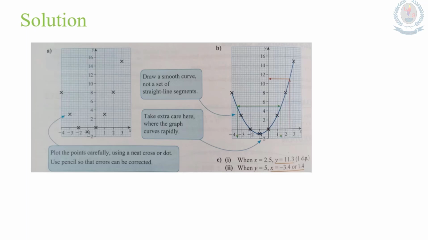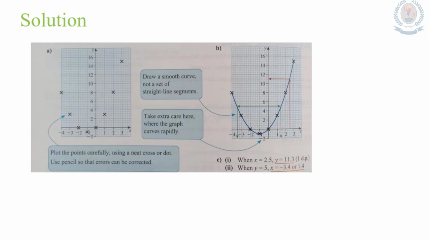Then you can see the x and y axis. Then you plot the points: minus 4, 8; minus 3, 3; minus 2, 0; minus 1, minus 1; 0, 0; 1, 3; 2, 8; 3, 15. Then in part B, they asked to join your points with a smooth curve, so you draw a smooth curve.